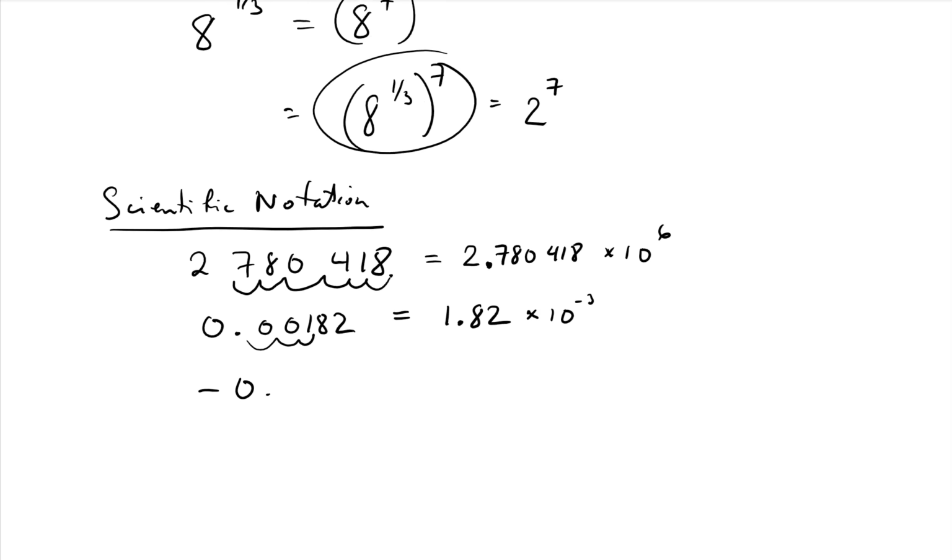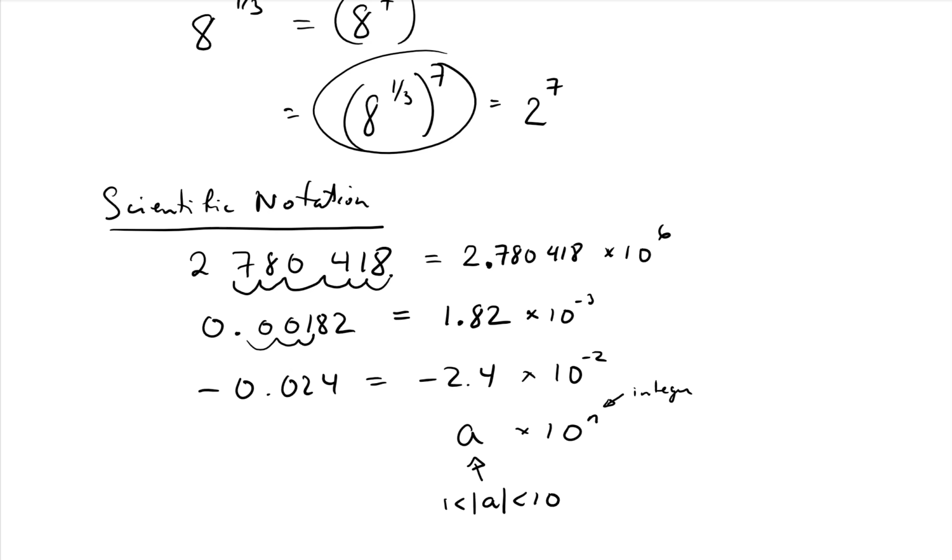You could have also negative numbers, minus 2.4 times, can you guess what it's going to be? 10 to the minus 2. Okay, and in general, a number in scientific notation is of the form a times 10 to the n. n is an integer, and a is such that it's a number whose magnitude is between 1 and 10.